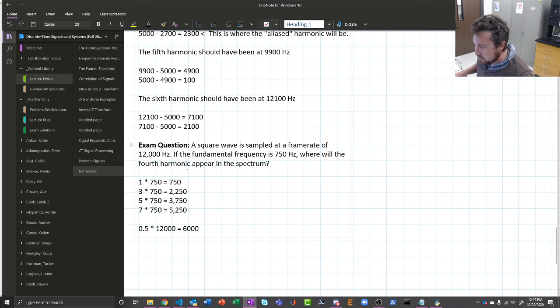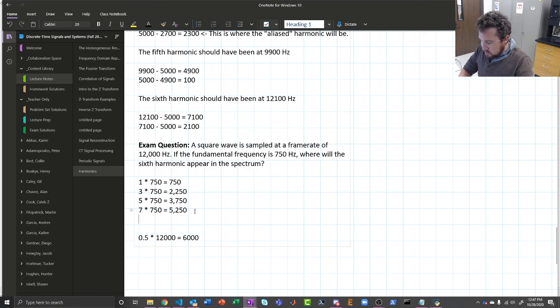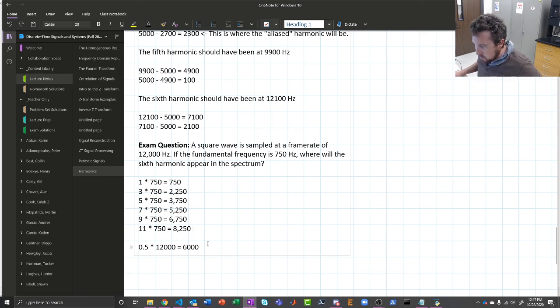So let's change this. Where will the sixth harmonic appear? So that'd be 9 times 750. There's our fifth harmonic. 11 times 750 equals that. There we go. So 1, 2, 3, 4, 5. Oop. First, second, third, fourth, fifth.